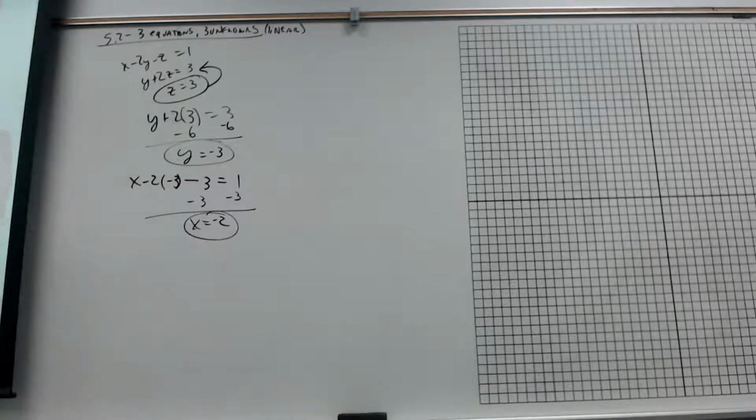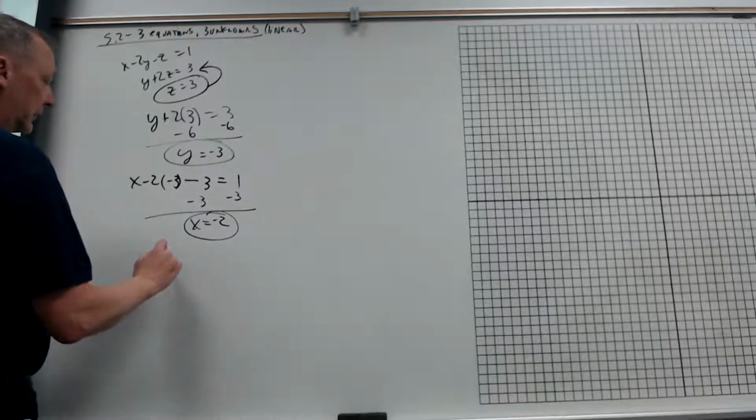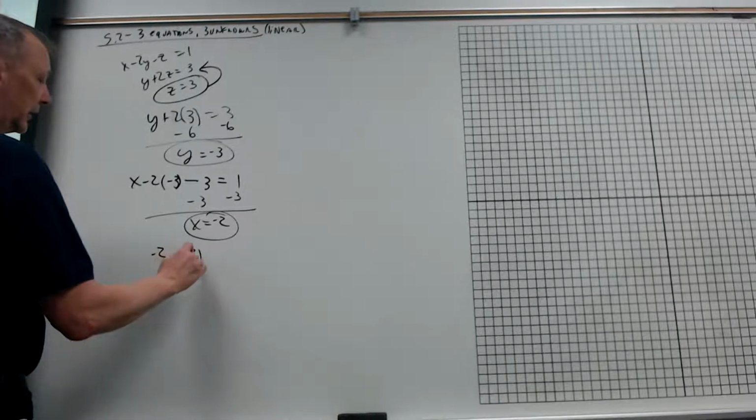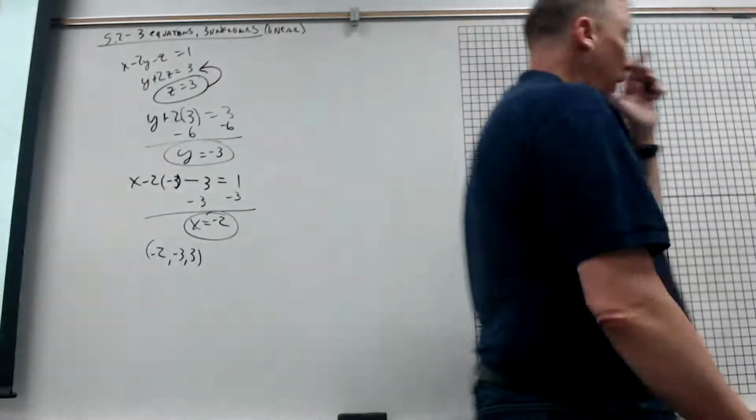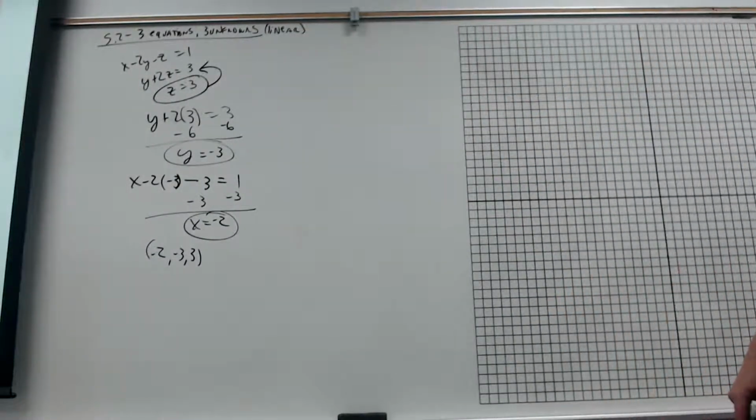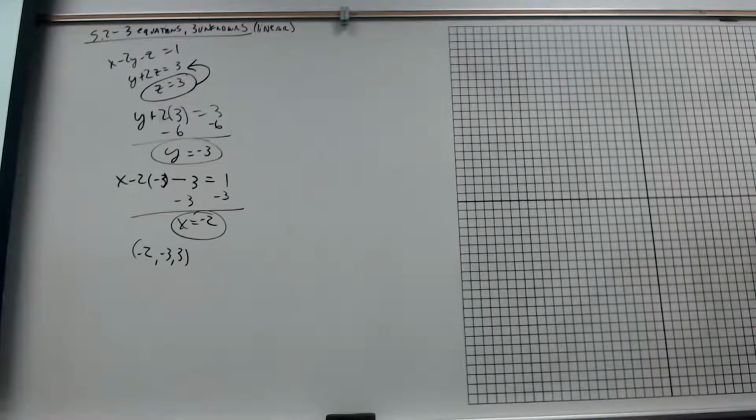Okay? Now you could write this as an ordered triple, -2, -3, and 3 if you wanted to. Now just think about that. If we were to look at my graph here, if this is the x-axis and this is the y-axis, your z-axis would be sticking out of the board if we had a 3D board. Okay?